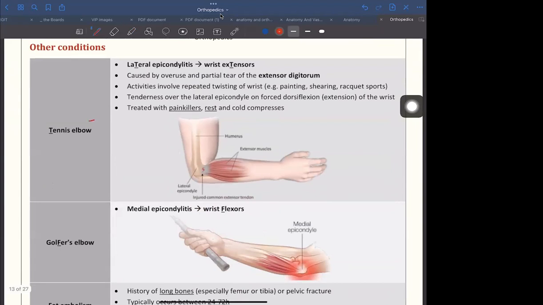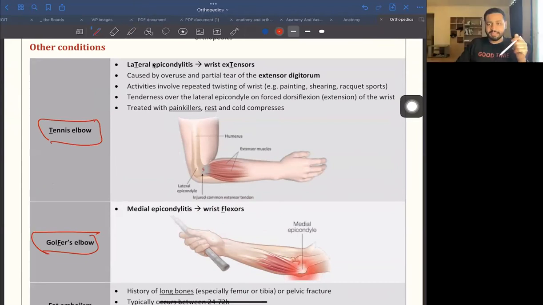There is something called tennis elbow and something called golfer's elbow, okay? For tennis elbow, imagine the repetitive movement that you make while playing tennis, and imagine the repetitive movement that you do while playing golf. In tennis, your hand and elbow are always moving to the outside, so you're putting pressure on the common extensor origin at the lateral epicondyle.